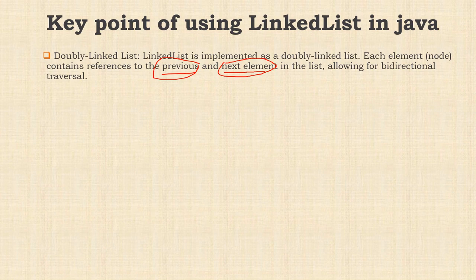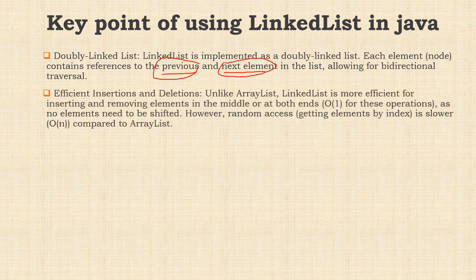So this is the advantage of linked list. Time complexity will be very low because it's pointing in both directions, previous and next.